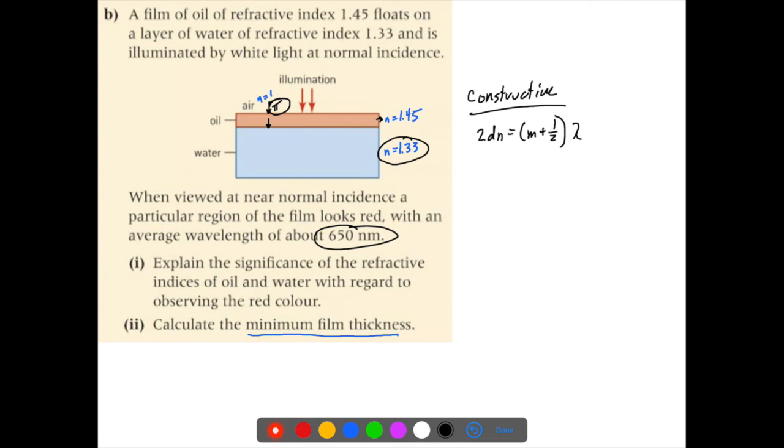And at this point we should be able to solve, because we're going to go 2 times the thickness, which is what I'm solving for. The index of refraction is the index of refraction that the light's passing through, doing its refracting, so that's the 1.45, and then equals, and again, we're going to keep it the minimum film thickness, so we just want to go through 1/2 wavelength, so 1/2 times 650 nanometers.